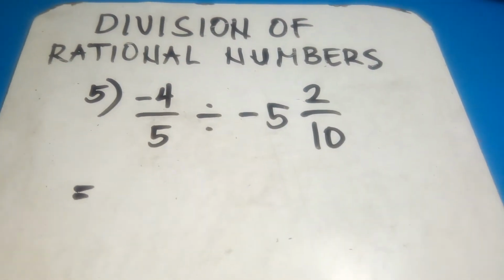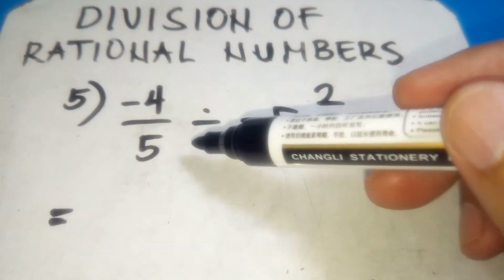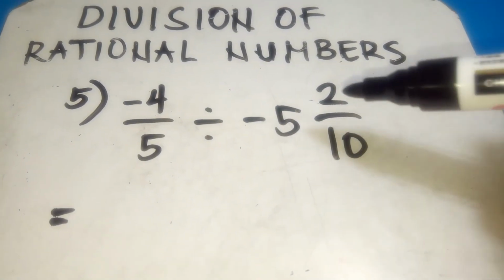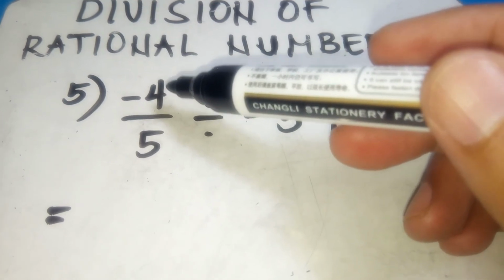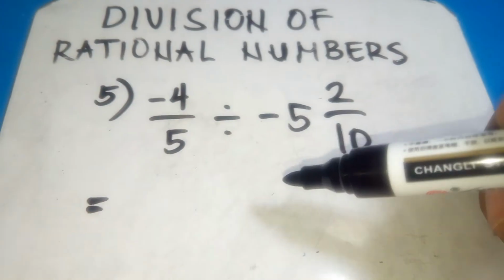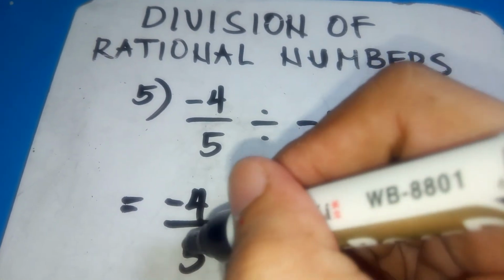Let's proceed to example number 5. Negative 4/5 divided by negative 5 and 2/10. Our dividend is already a proper fraction, so we'll just copy negative 4/5.